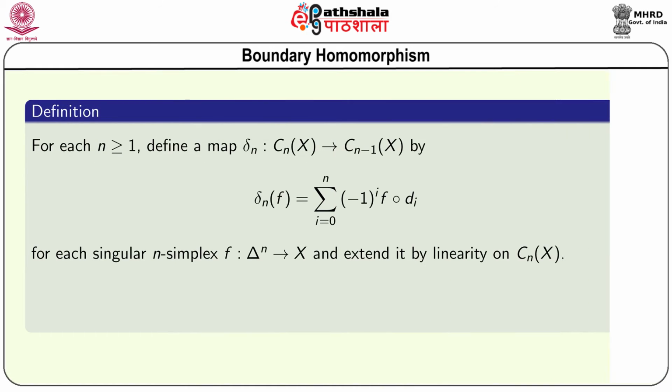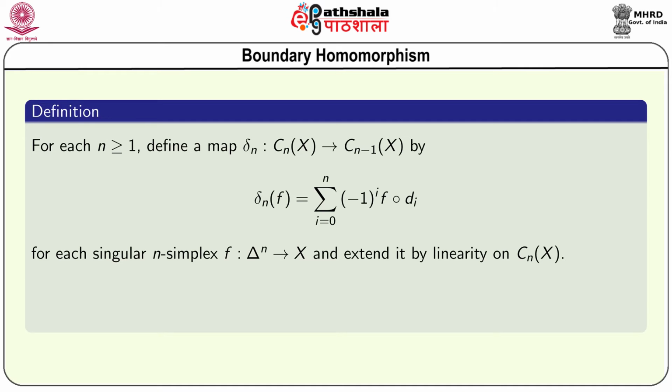Now, we define the boundary homomorphism next. For each n greater than or equal to 1, we define a map ∂n from Cn(X) to Cn−1(X) by ∂n(f) equal to the summation of (−1)^i f∘di, where the summation is taken from i equal to 0 to n.